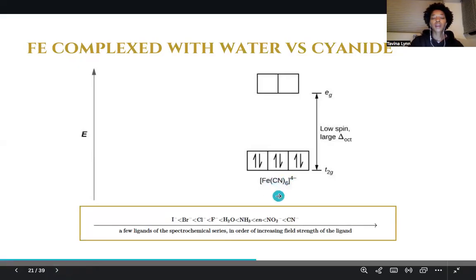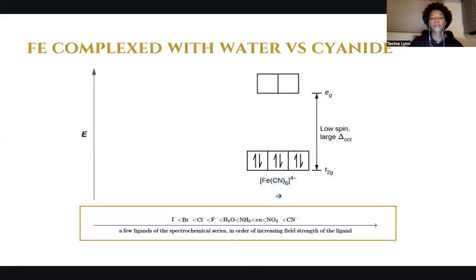So when iron is complexed with cyanide, right, we have these 6 non-bonding electrons, and the splitting is as shown here, right? Cyanide is a strong field ligand. So because it's a strong field ligand, we're going to see a larger crystal field splitting here.